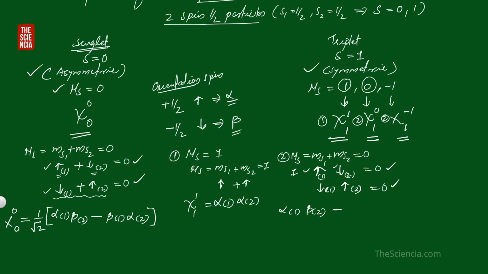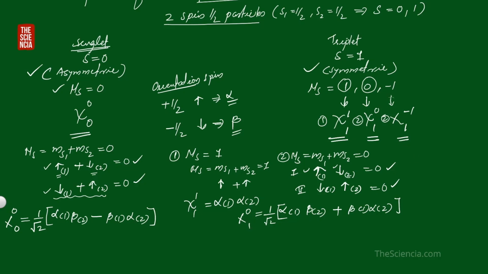Therefore symmetric state, the sign will be plus. And second one is this combination, that is beta 1 alpha 2. And we have to normalize this wave function. So there will be 1 by root 2 times, and this is represented by chi 1, 0.